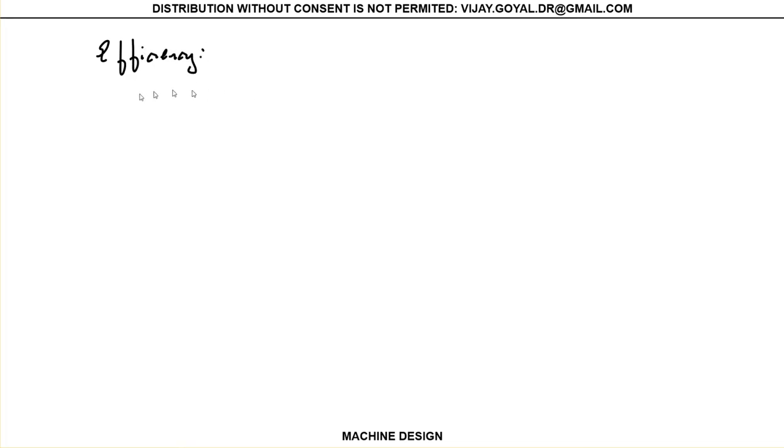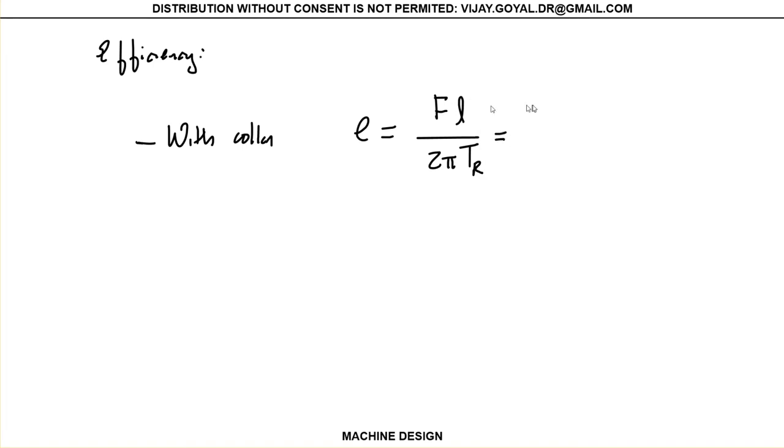So to do the efficiency, for discussion, what happens if I have the collar effect? For the collar effect, your e is equal to F L over 2 times pi and your total torque to rise. So just remember, this is 2,500. This is 0.75.